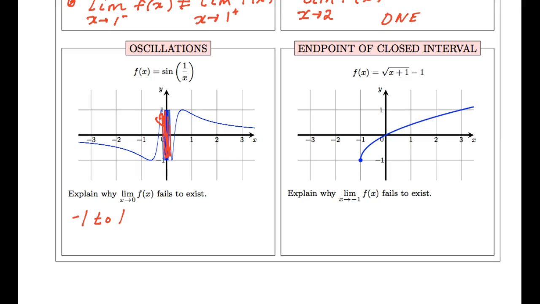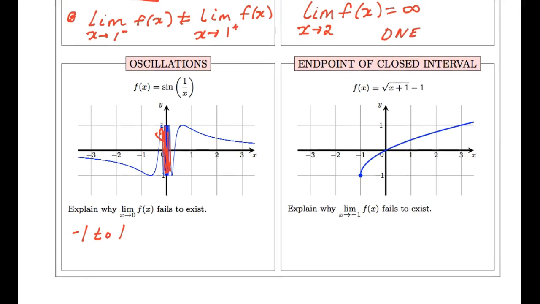You can think of it as the left and right hand limits: they do not equal. It's going so fast you don't know where it's going. It's either top, bottom, or somewhere in between. Those left and right limits are not equal.